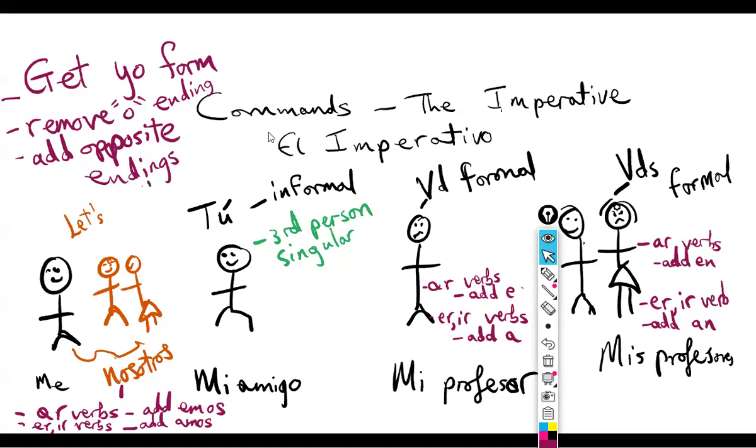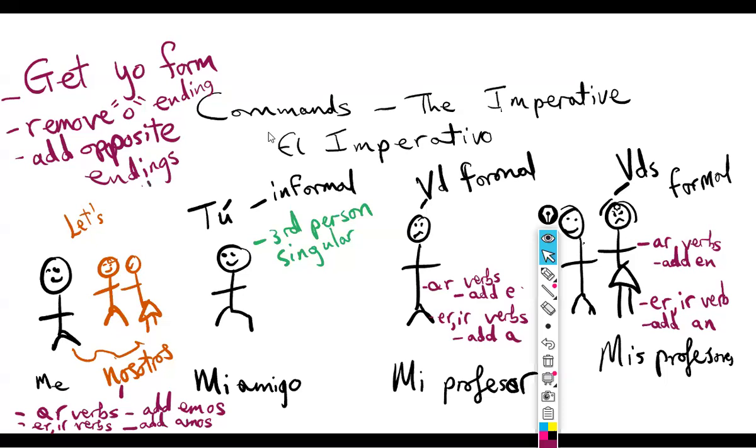All right, now today we're going to talk about how we make these commands negative. The general concept is to put no in front of the verb. So form your command in the normal way and put a no in front of it. Except for tú, which is now going to take the opposite ending instead of the third person singular.